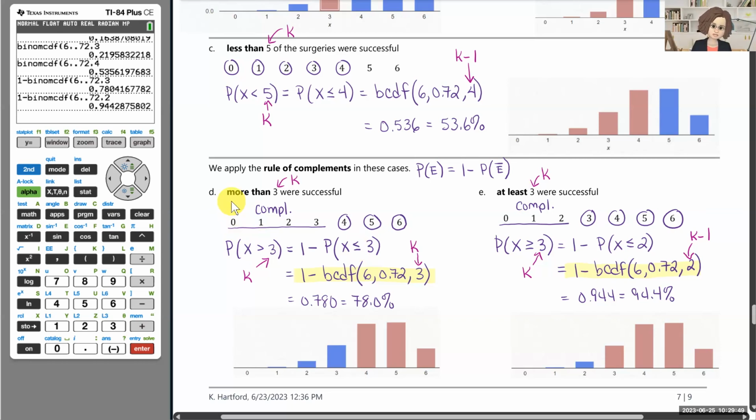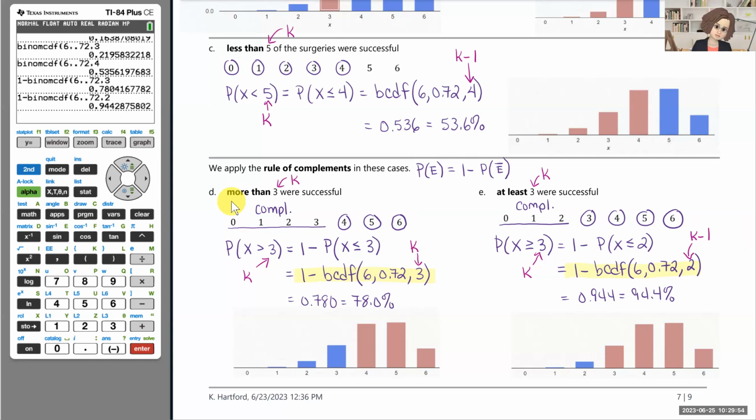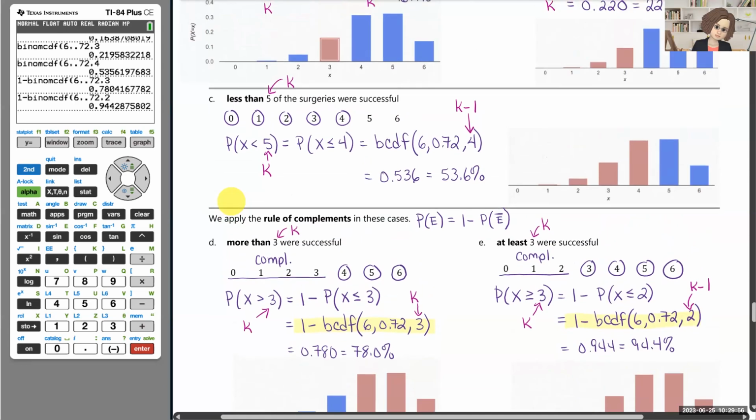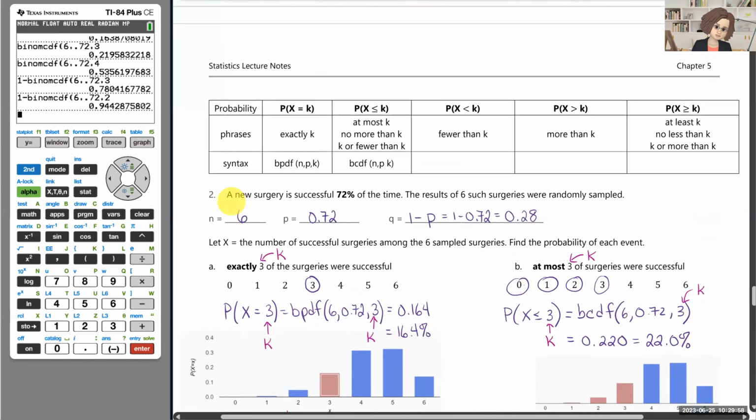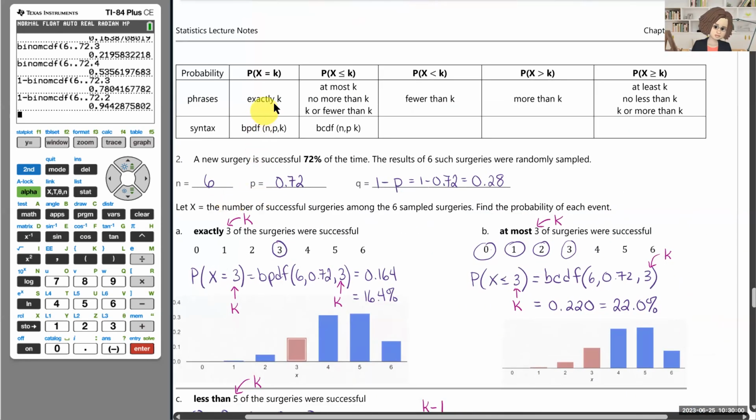So let me summarize that up top for you so you have a little bit of a template here to follow for these cases. All right, so we know what to do with exact. That's when you do binomial PDF. And then the at most, or K or fewer, that's your binomial CDF. And then for the remaining cases, we use rewriting into a form involving this case to get our answers.